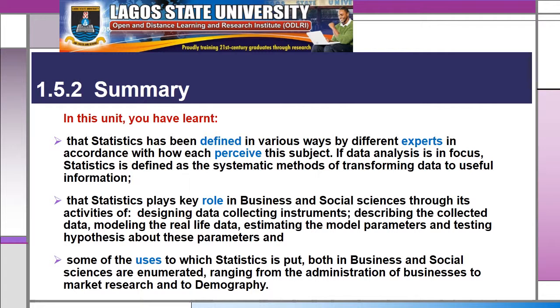First, we defined statistics from a data focus point of view, because there are many definitions of statistics. And this definition says that statistics is the systematic method of transforming data to useful information. Next, we looked at the uses of statistics in both business and social sciences.